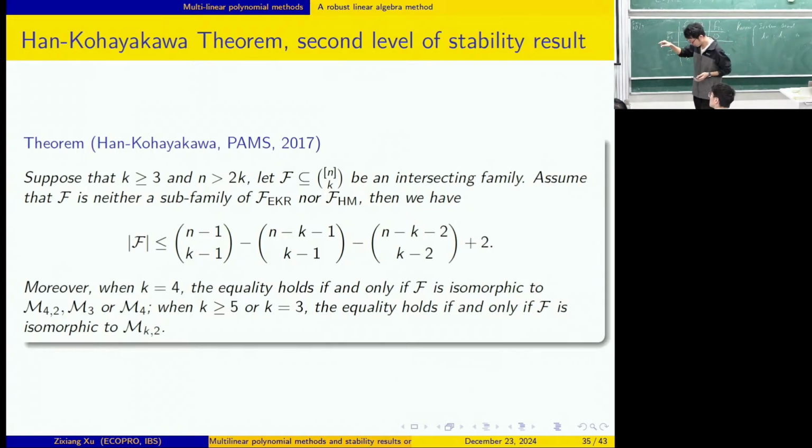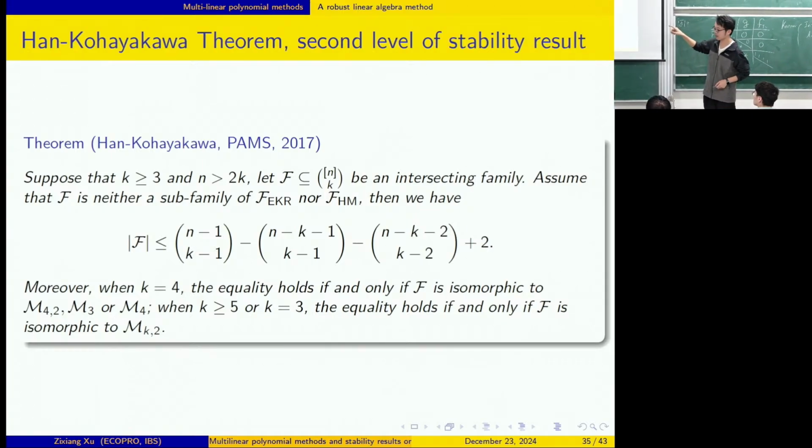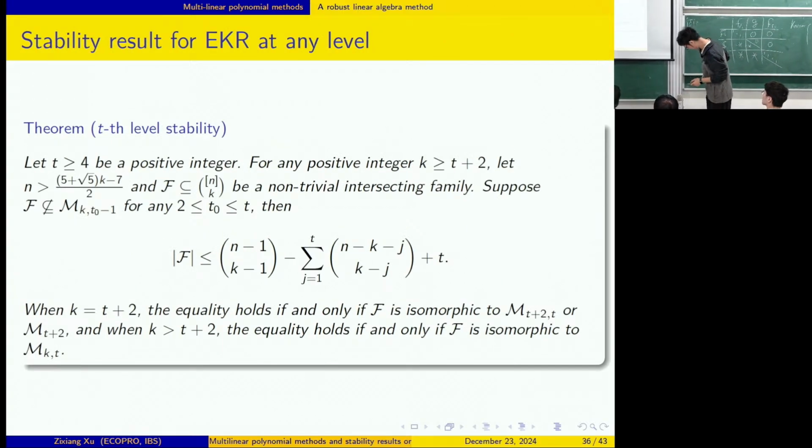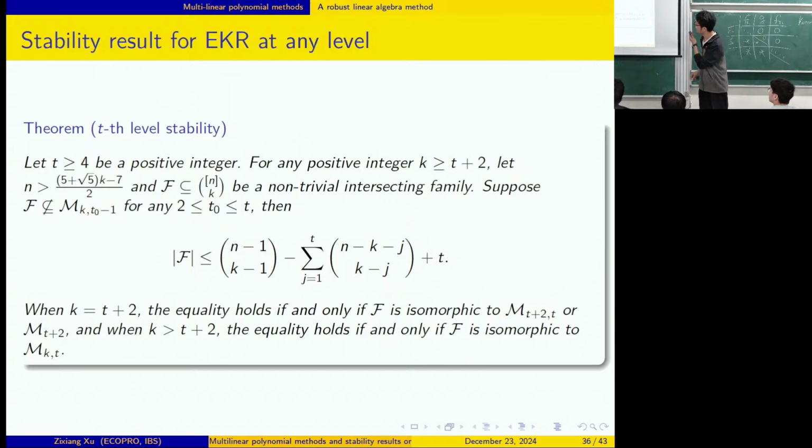They proved a further stability result for the Hilton-Milner theorem, which I call the second level of the stability result. Later Mubayi and someone else proved the third level. And recently we can show an arbitrary t-th level of the stability result using the algebraic method.